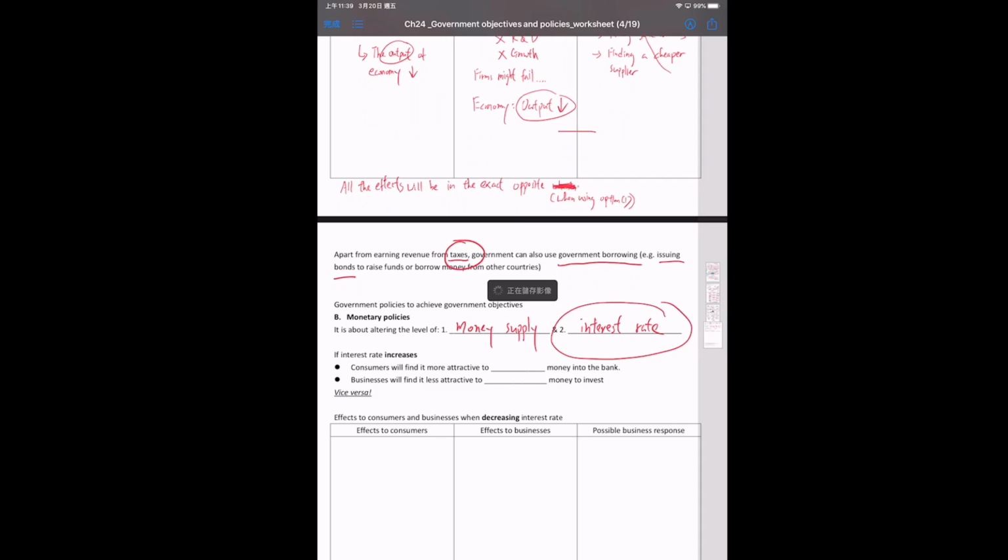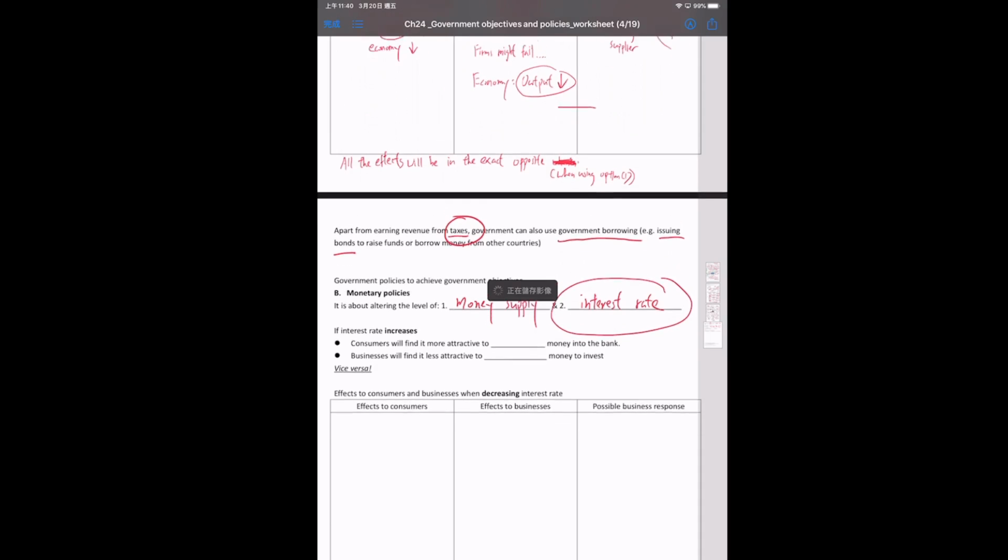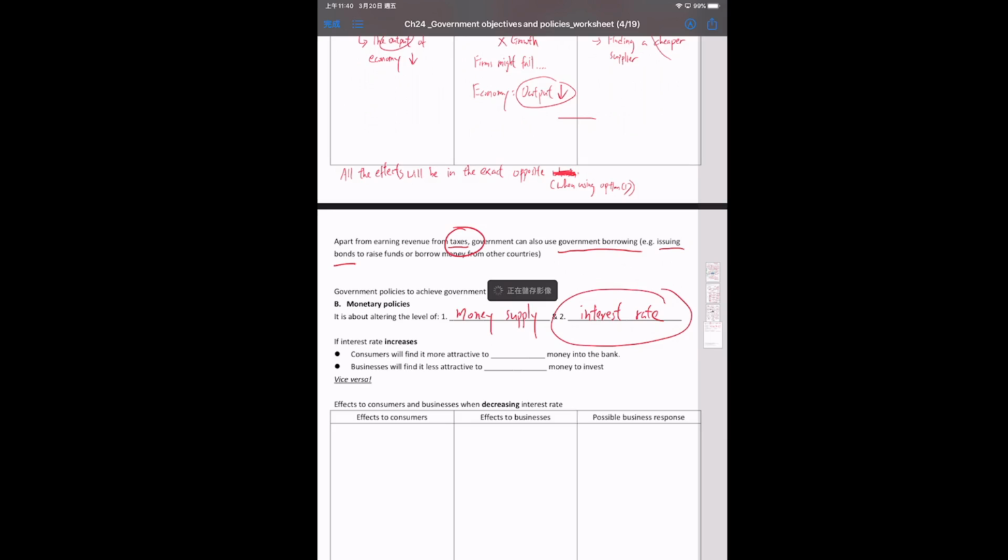The details will be very complicated, but this is all you have to know as a business student. So we'll focus on business, the interest rate. When we talk about interest rate, it's not only about the interest rate that we have when we are borrowing money, it's also the interest rate when we are saving the money.